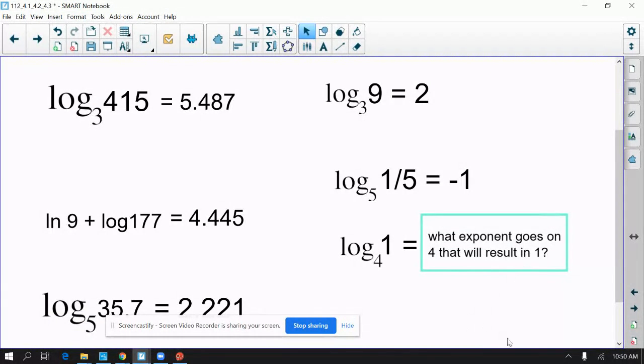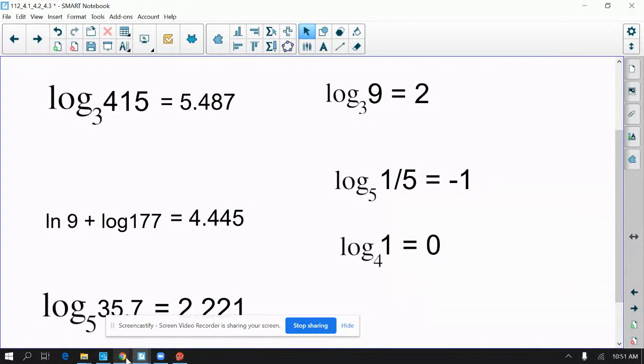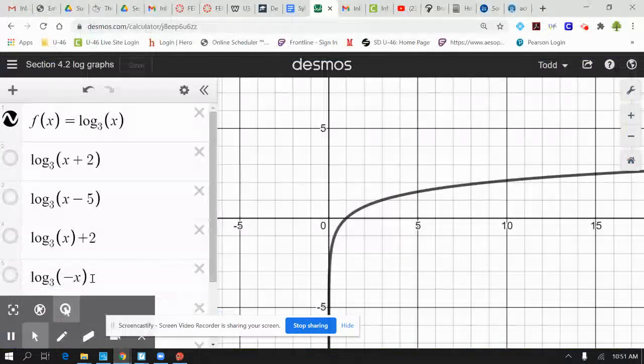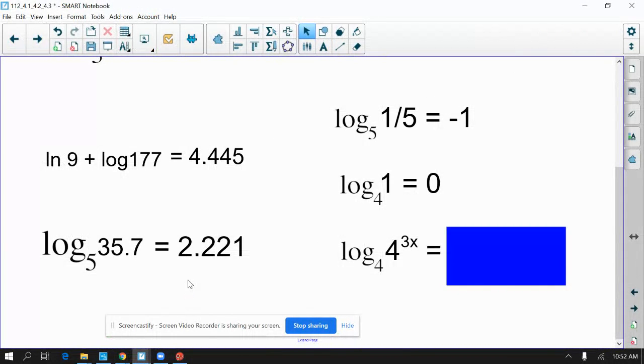And then log base 4 of 1 equals what? So what exponent would go on 4 that would result in 1? And that, of course, is 0, because anything to the 0 equals 1. And then lastly, log base 4 of 4 to the 3x equals what?